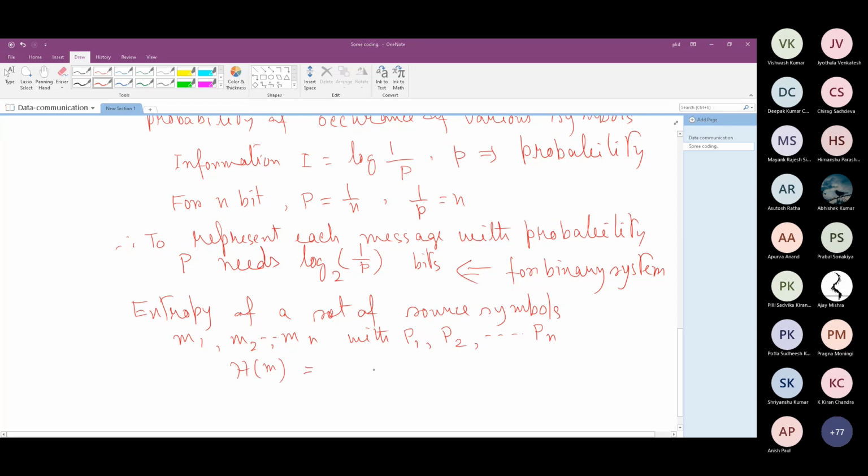Hm is given by the summation for i equal to 1 to n of Pi Ii bits.